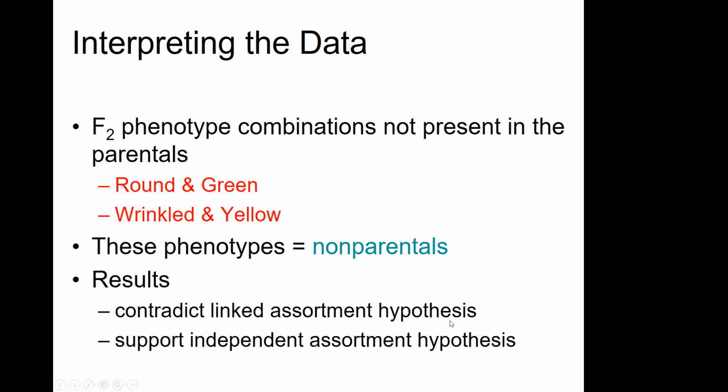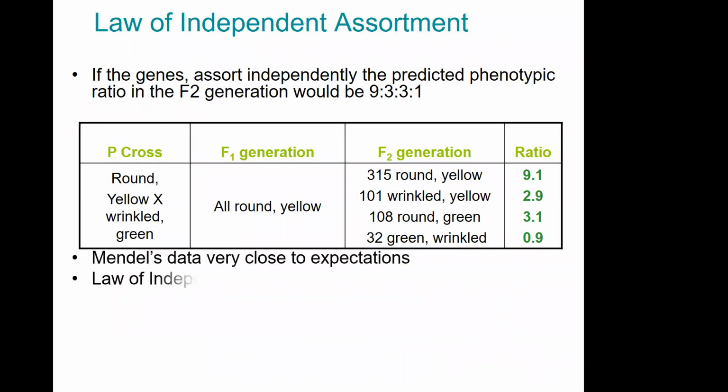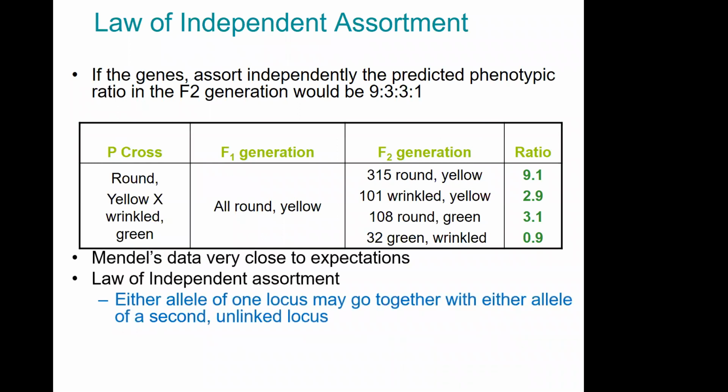So the important thing is this observation laid the basis for the independent assortment rule. Okay. So the independent assortment rule is right there in blue. That's your working functional definition to memorize. Notice it says either allele.